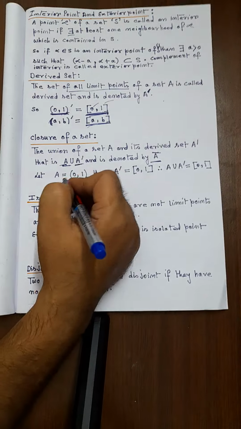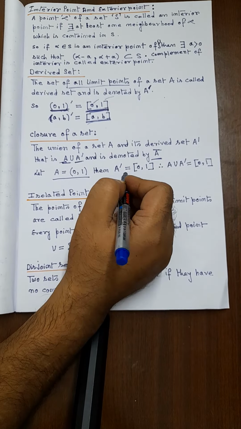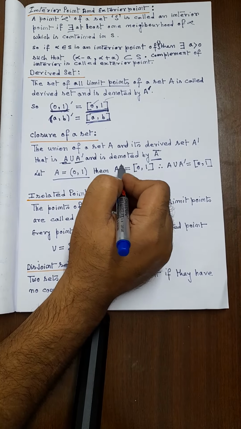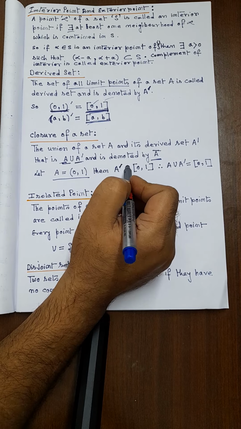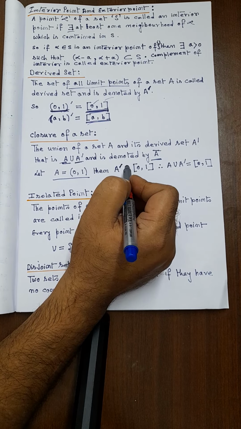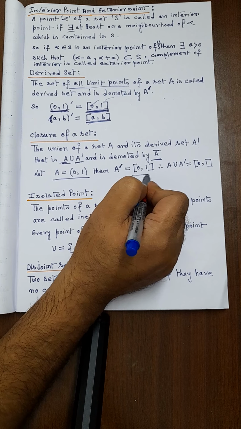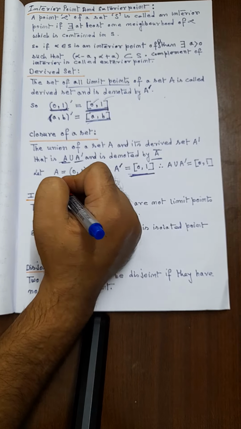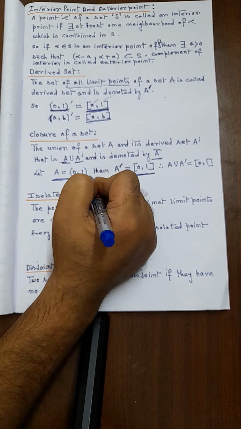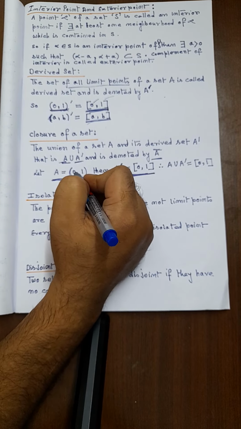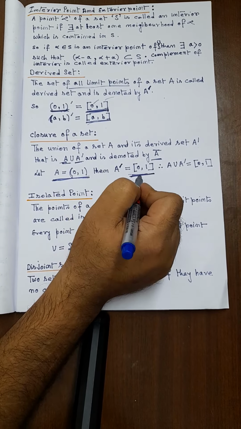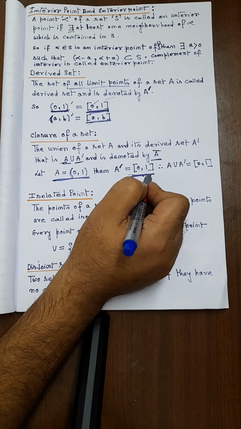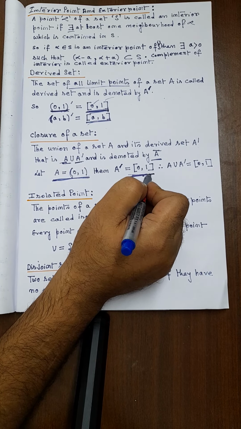So if we have A equal to the open interval 0, 1, then for the derived set we will have the closed interval 0, 1, because it contains all the limit points of it, right?